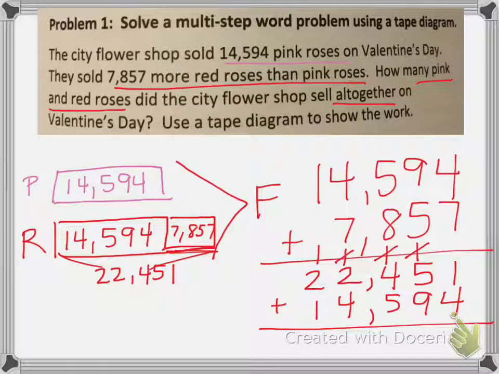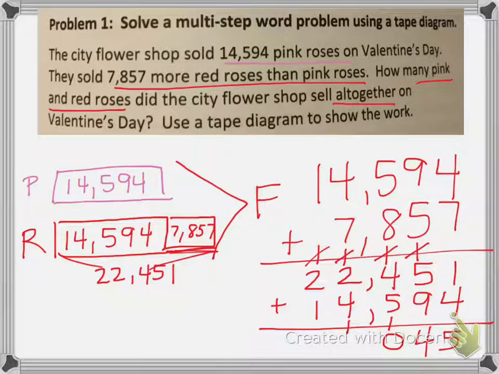4 plus 1 equals 5. 5 plus 9 equals 14. Regroup the 1 in the hundreds. 5 plus 4 equals 9, plus 1 equals 10.